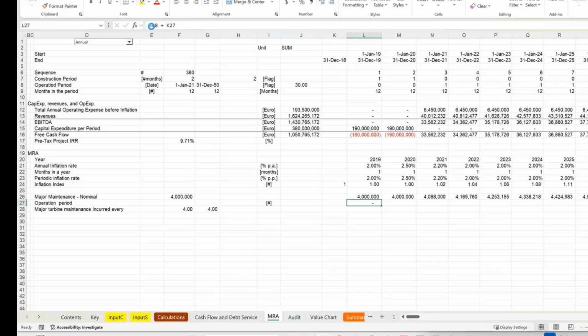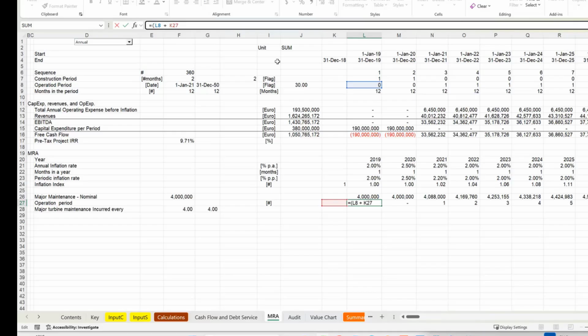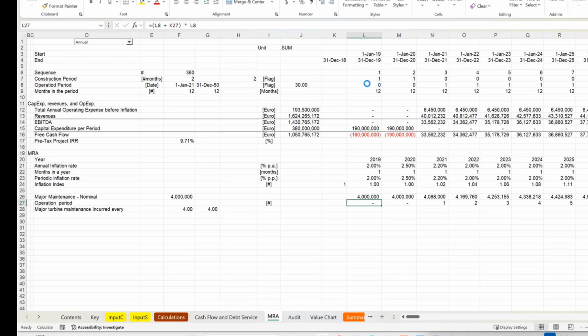I call that a counter variable. I also multiplied by the flag so that after operation end, shut down, it's going to turn to 0. Very good.